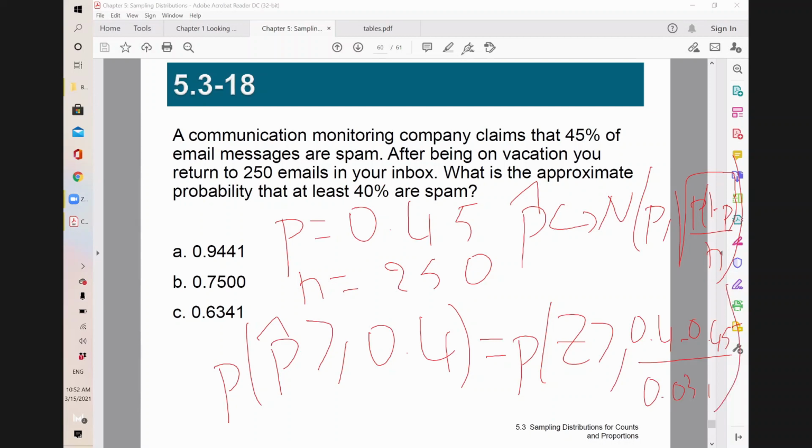Here we can evaluate that it equals the probability of Z more than this value. What is this value? We can evaluate it.